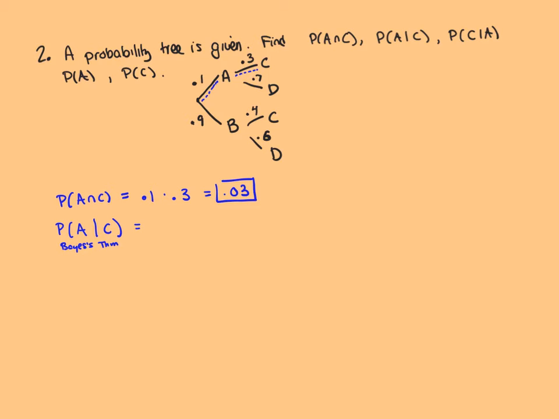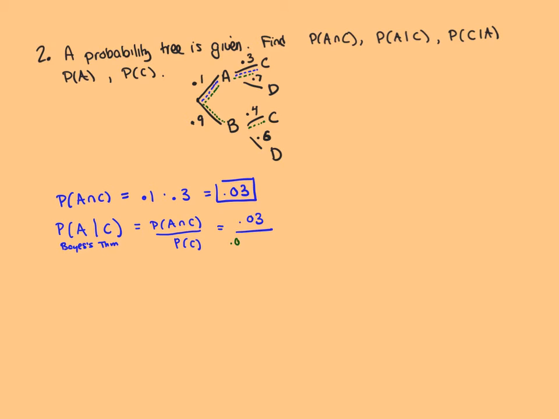So I know that the probability of A given C is the probability of A and C divided by the probability of C. The probability of A and C, we already did. That's 0.03. For the probability of C, I need to think about all of the different paths that take me to C. So I can go A first and then C, or B first and then C.